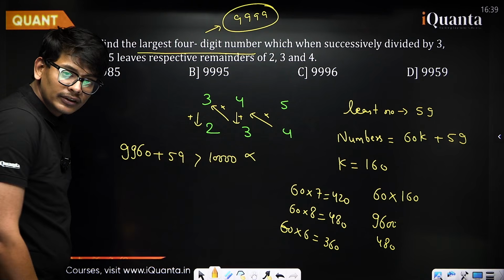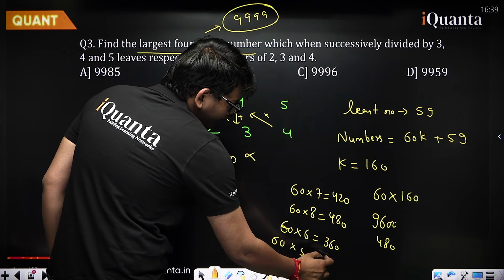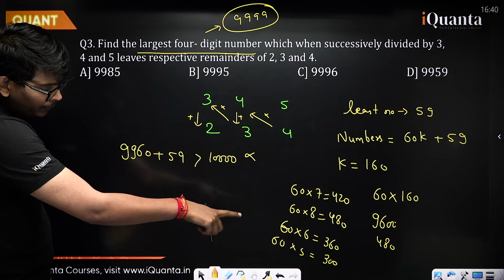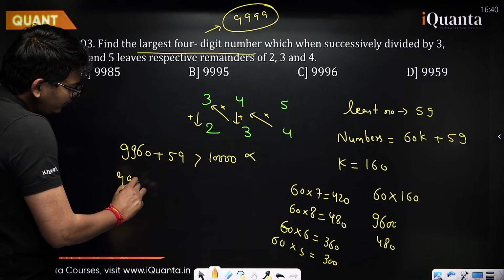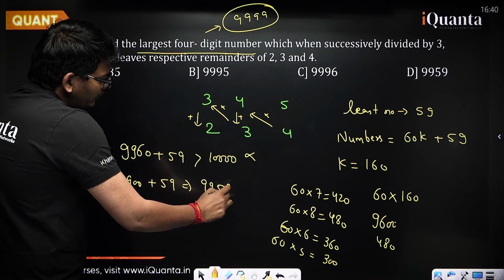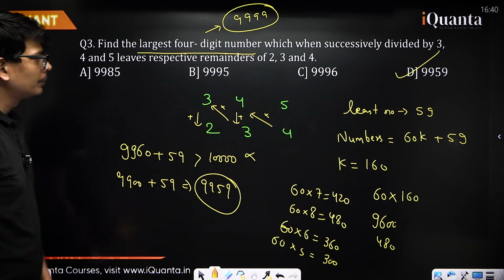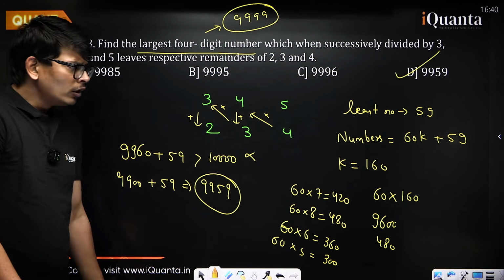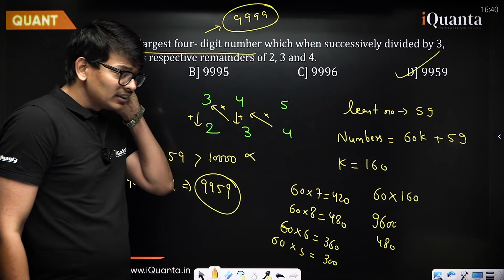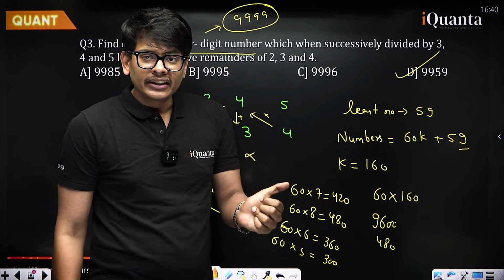This is not possible. Next, 60 into 5, 300. So 9600 plus 300 is 9900 plus 59, that is 9959. So the answer will be option D. Although there was an easy way to find this answer, because you can see this number ends with 9.